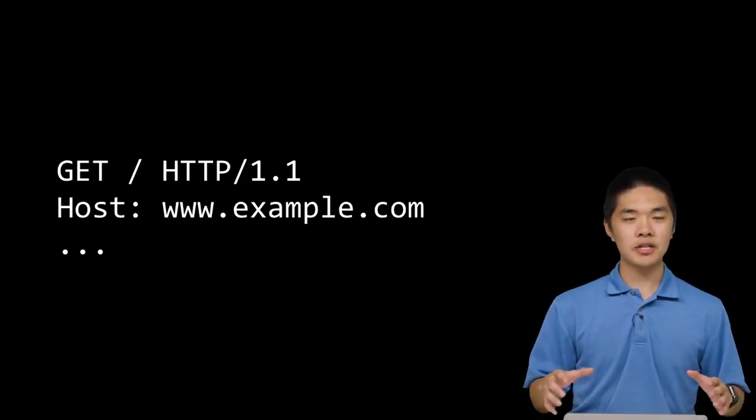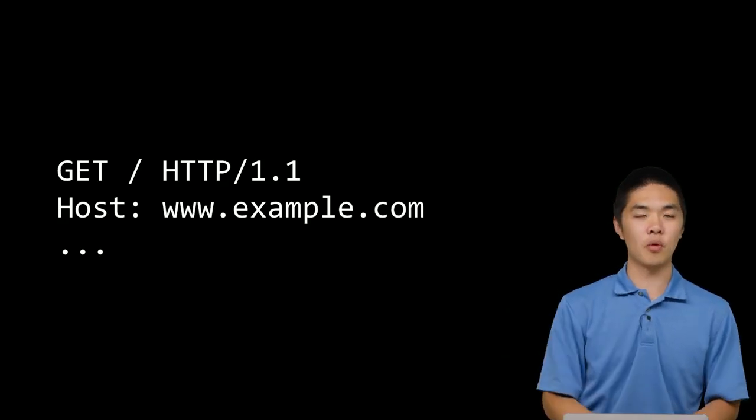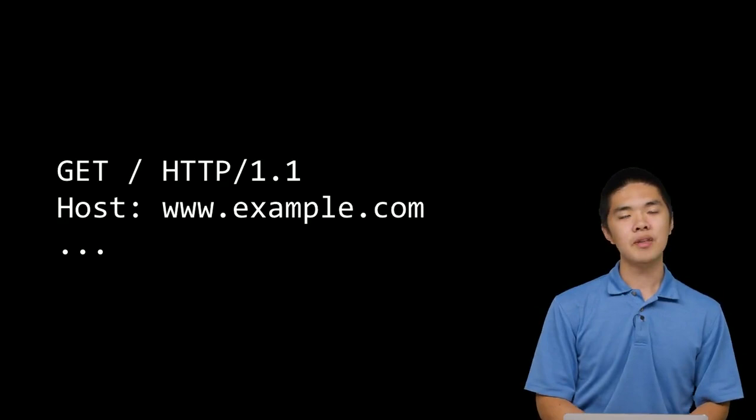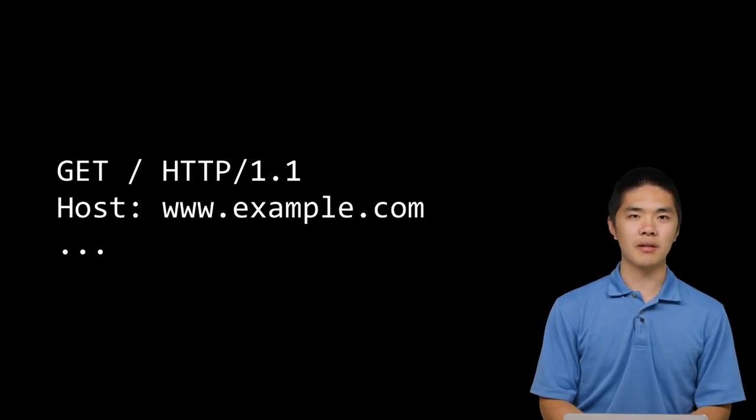And beneath that, I'm connecting to a particular host, something like www.example.com, as the host that I want to communicate with. It's possible that the web server that I'm communicating with is actually holding multiple hosts all together and is balancing between them. And so in my request, I need to specify what host I want to connect to. In this case, www.example.com.